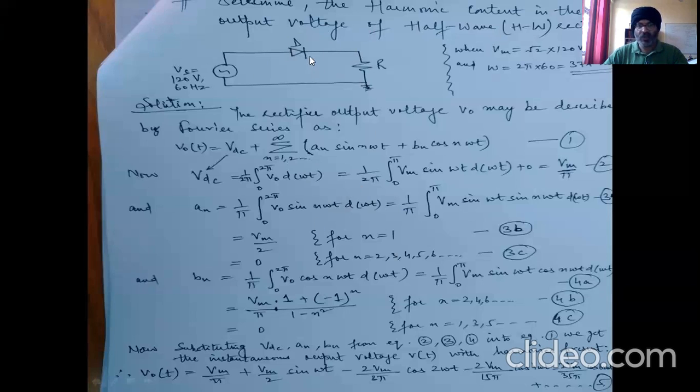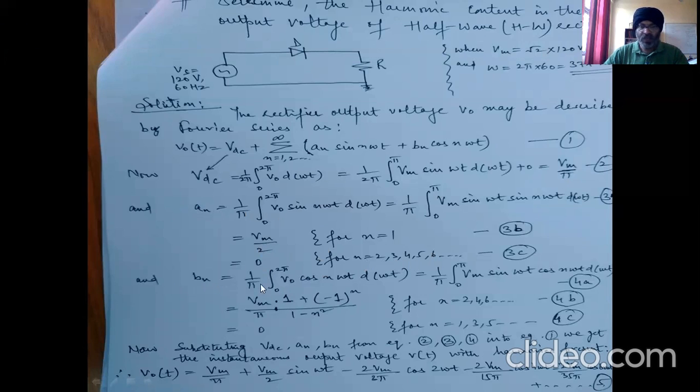So this is a half-wave diode rectifier. Again, we use the same Fourier series representation: the DC component over here, and then the sinusoidal and cosinusoidal coefficients. First, we calculate the DC component, which is Vm by pi, and then we calculate the sinusoidal coefficients, which come out to be Vm by 2 and 0 for even harmonics.